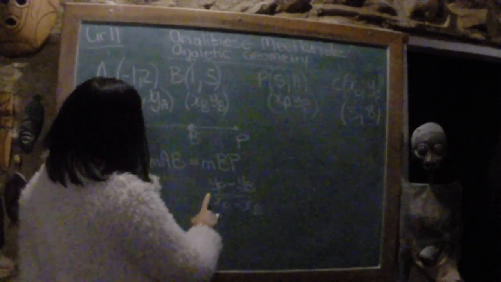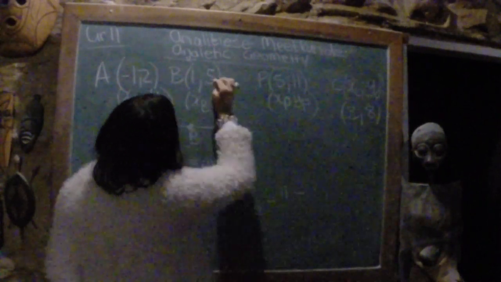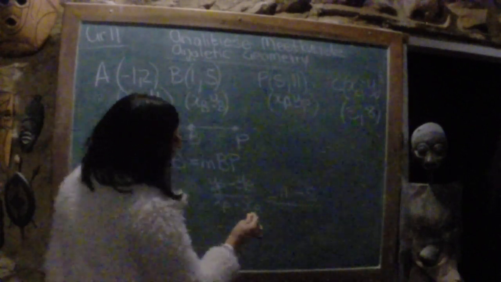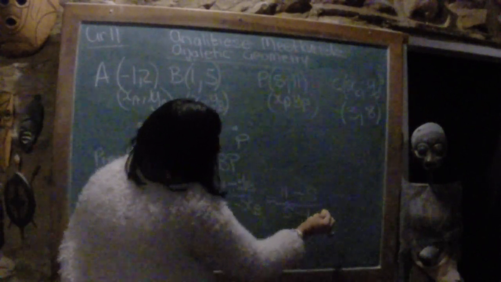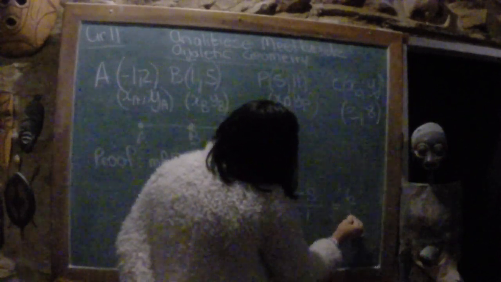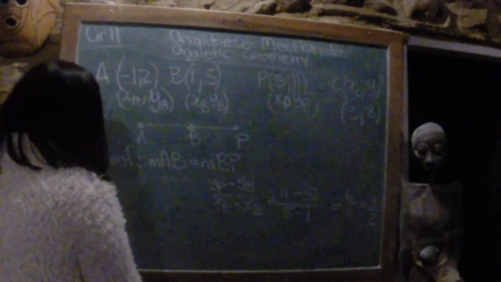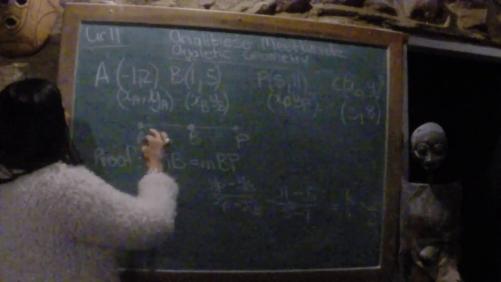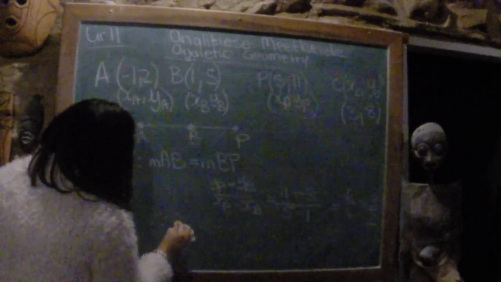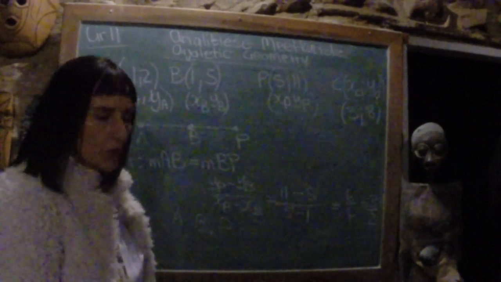So kom ons gaan bereken hierdie gradiënt. YP is 11 minus B op 5 minus 1. Dit gee vir ons 6 op 4, and that equals 3 on 2, exactly the same as the gradient of AB. Therefore, A, B, and P are collinear points.